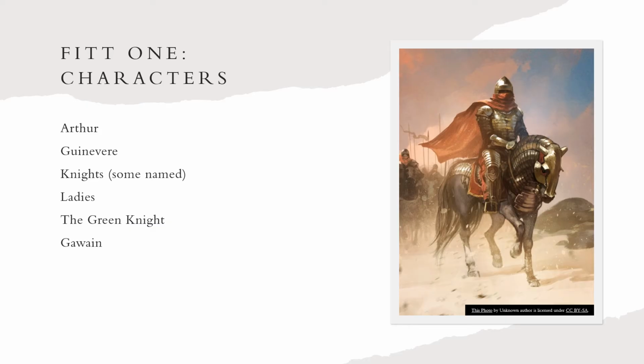So characters, fitt 1. We are introduced to Arthur's court. So there's King Arthur, Queen Guinevere, who's supposedly the most beautiful lady ever. Knights. Some knights are named later in the fitt. Ladies, but mostly we hear about generic knights and ladies and what they're doing. Of course, the Green Knight, and also, of course, Gawain.